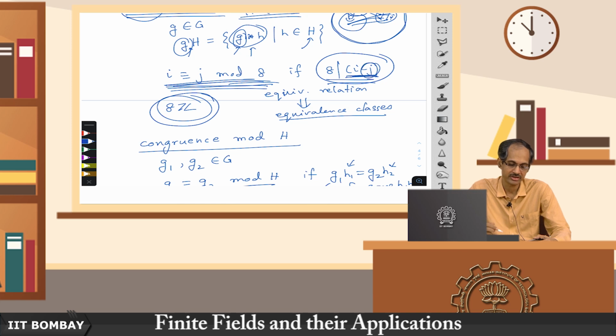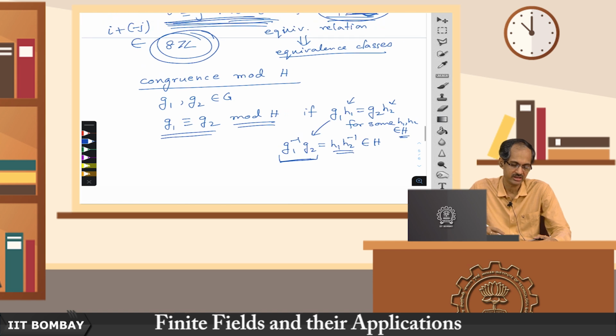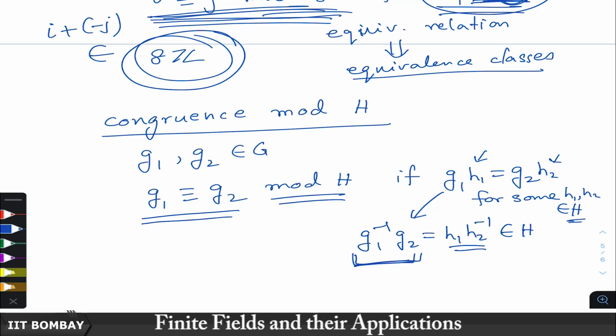It should be a multiple of 8, and minus j is exactly the inverse of j. So, we have actually taken i plus minus j, and i plus minus j is in the subgroup 8Z, and this is how we are doing here also. We are taking g1 inverse g2 is in H.